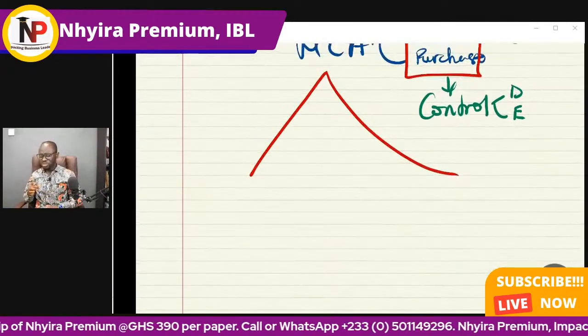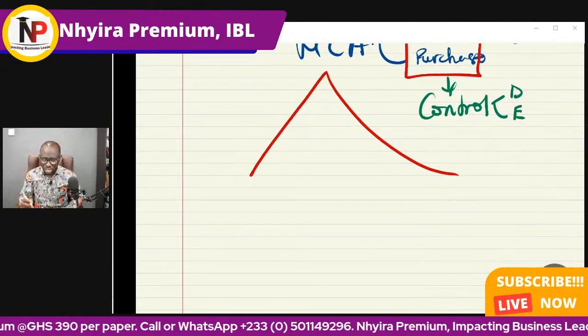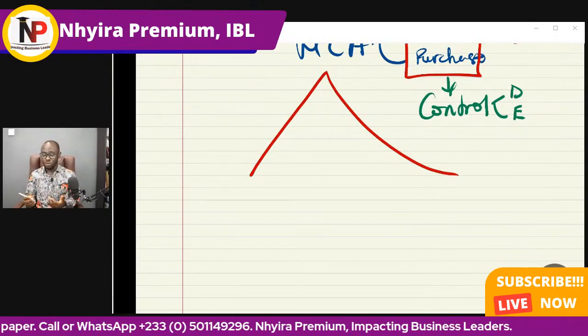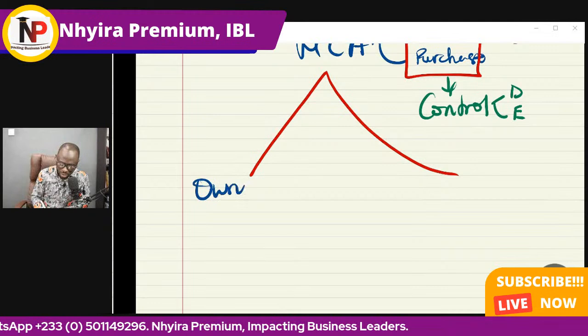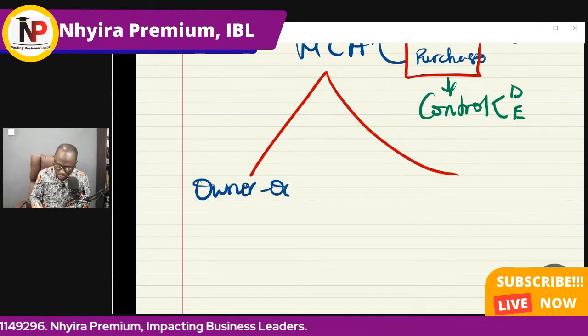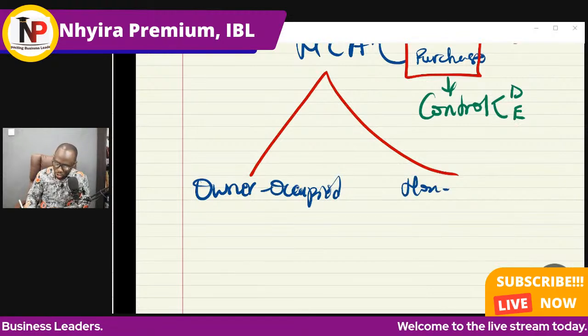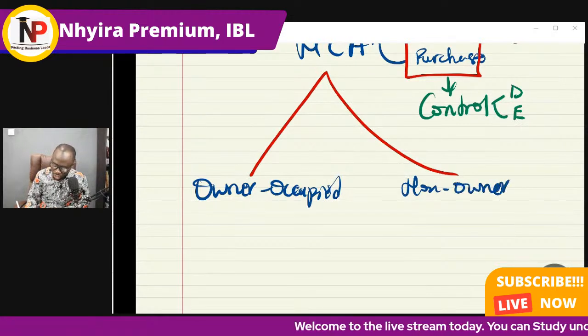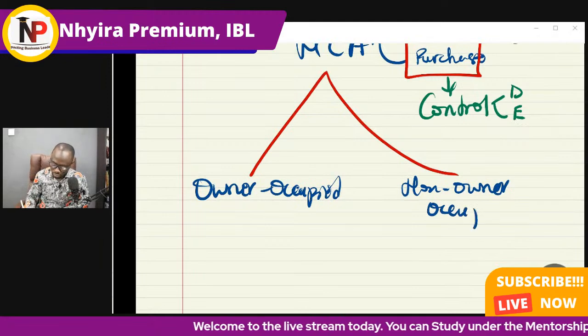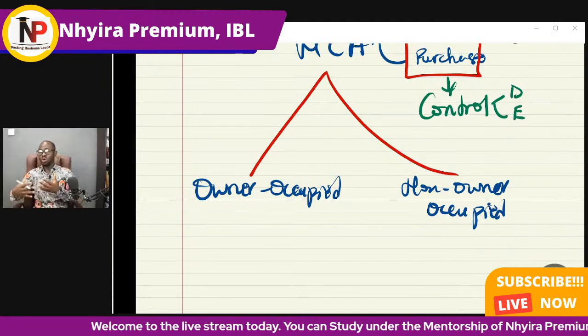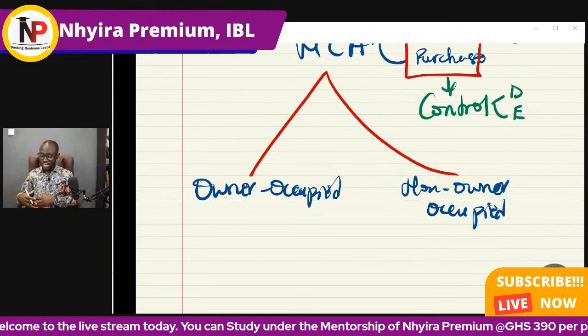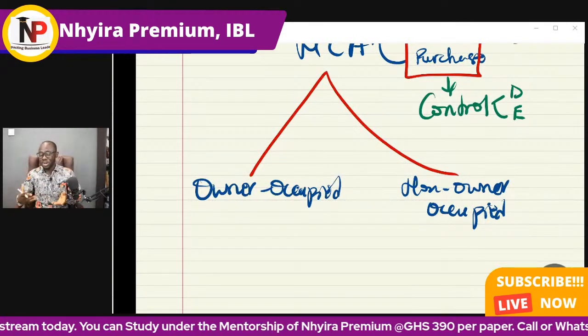So when it comes to dealing with non-current assets, there are two things we can talk about. There can be owner-occupied non-current assets, and then non-owner-occupied non-current assets.